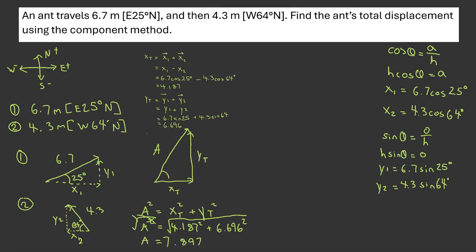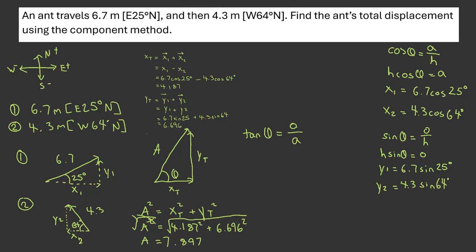Now I got the magnitude for this, right? But I also need to solve for this angle to fully solve for that displacement, right? Displacement's a vector quantity. Now, how I'm going to do that? I can take my angle, and I've got my opposite, and I've got my adjacent. I'm going to go with what I've already solved for. So I'm going to use tan, because the tan ratio tells me that tan of our angle is equal to the opposite side over the adjacent side.